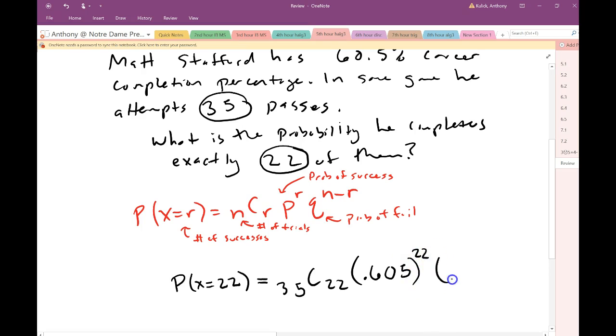And the probability of failure is 39.5%, just 100% minus 60.5, as a decimal. Everybody okay with this? Yes, Riley? 35 minus 22 is 13. Everybody okay with that?